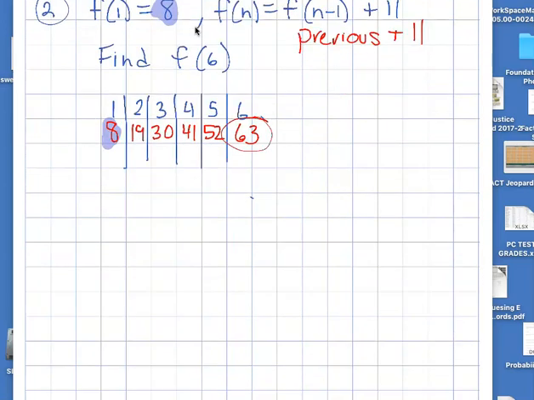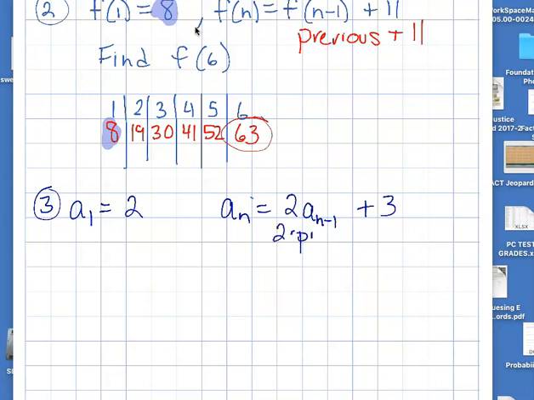Again, you might see this with different notation. Let's say your first term equals 2, and to get any term, you take 2 times your previous and add 3.